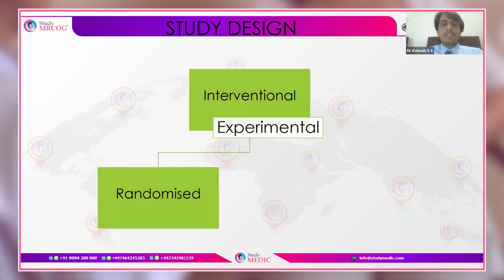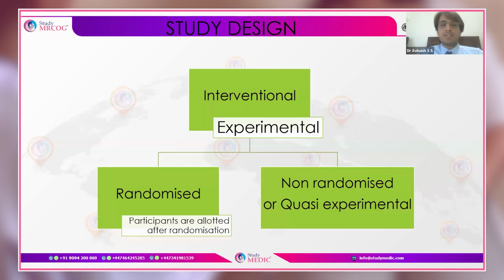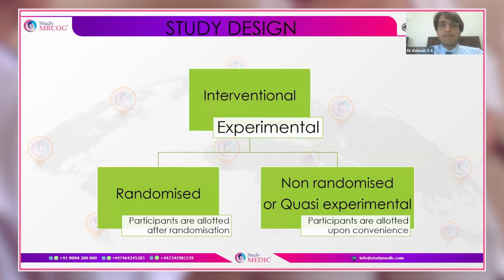The interventional study designs are further classified based on whether the subjects are chosen by randomization or not. They are classified into randomized study designs, where participants are allotted after randomizing so that there is less bias, and non-randomized, where the participants are allotted based on convenience, called the quasi-experimental study design.